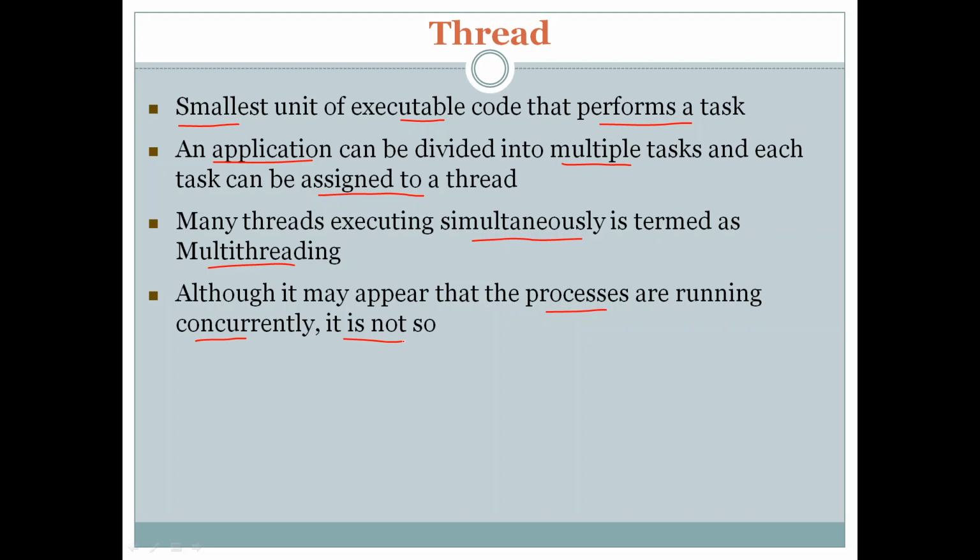Switching is generally done by the process schedulers in the system, which switch from one process to another, and it happens so fast that we feel like it is executed simultaneously.